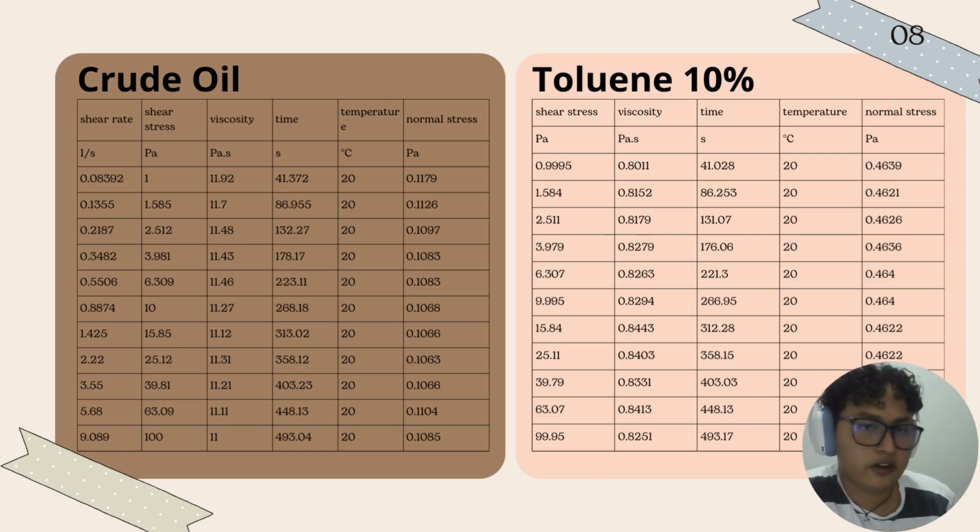First, the shear rate. The shear rate is the speed at which the layers of a fluid move past each other due to an applied shear stress. So obviously the units have to be one over time. So let's continue with the shear stress.